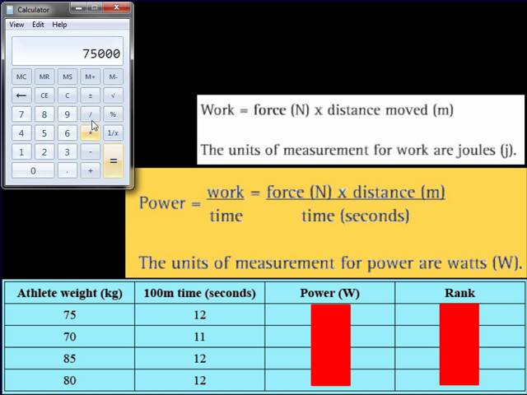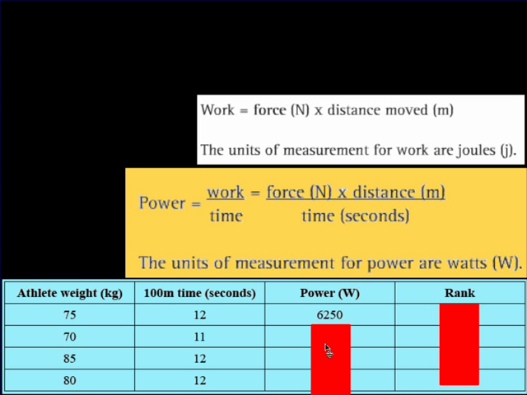And then divide that by the time, which is measured in seconds. And that gives us 6,250 watts. Now if we did the same thing for each of the other athletes, we'd find that the 70 kilogram runner who ran it in 11 seconds had a power of 6,364 watts. And if we did the remaining two, we get the following figures.